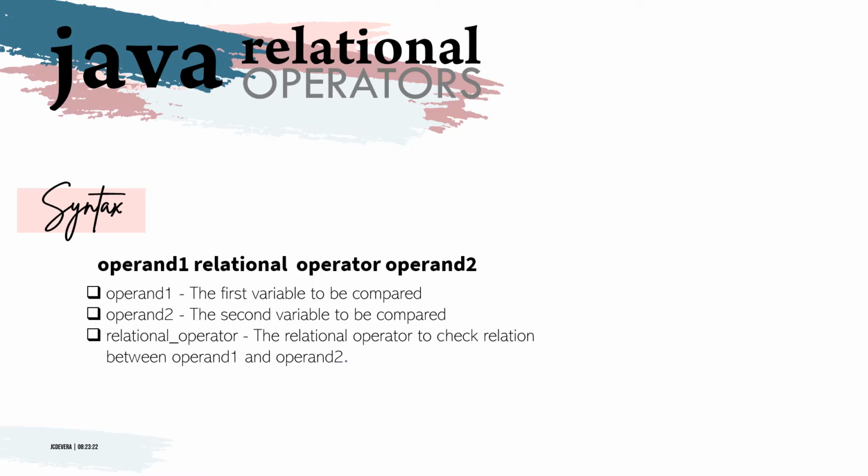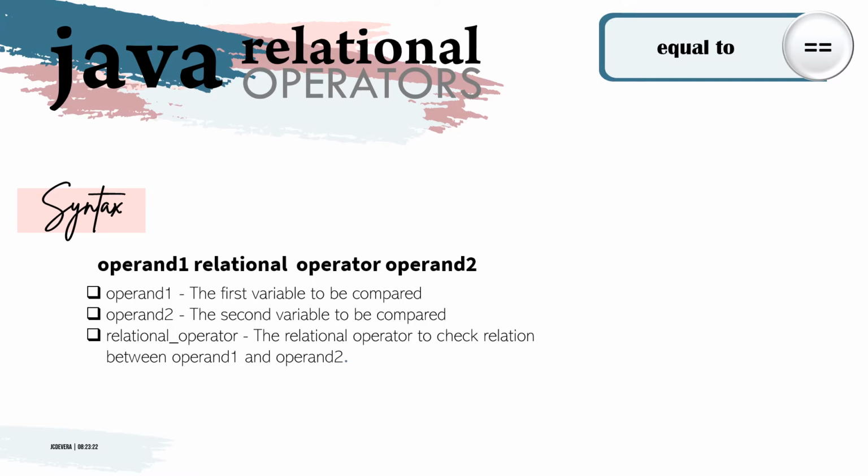Operand 1 is the first variable to be compared, while operand 2 is the second variable to be compared. Between operand 1 and operand 2 is the relational operator. What it does is it checks relation between operand 1 and operand 2.